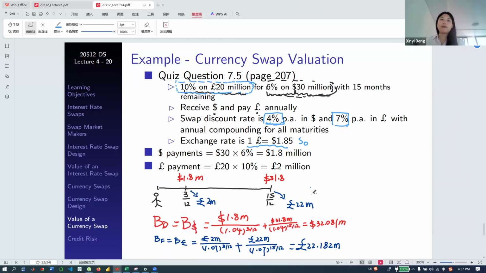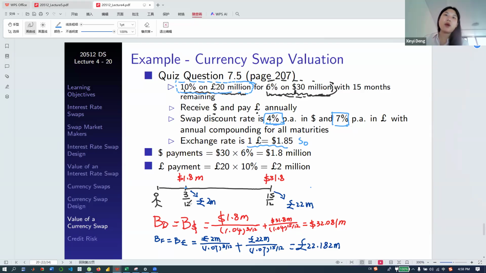So for the domestic currency bond, the USD bond, let's determine its value first. I denote the payments in red here. Since the payments are made annually and we have 15 months remaining, the first remaining payment is going to occur at month 3.